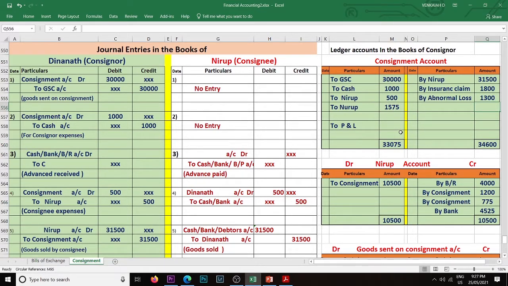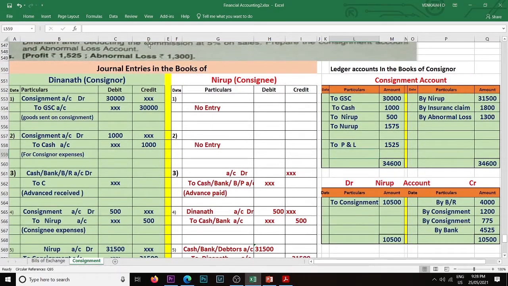Okay, 34,600. This is 525. 33,600. So profit is 1525. Right. Profit we got, abnormal loss also we got.